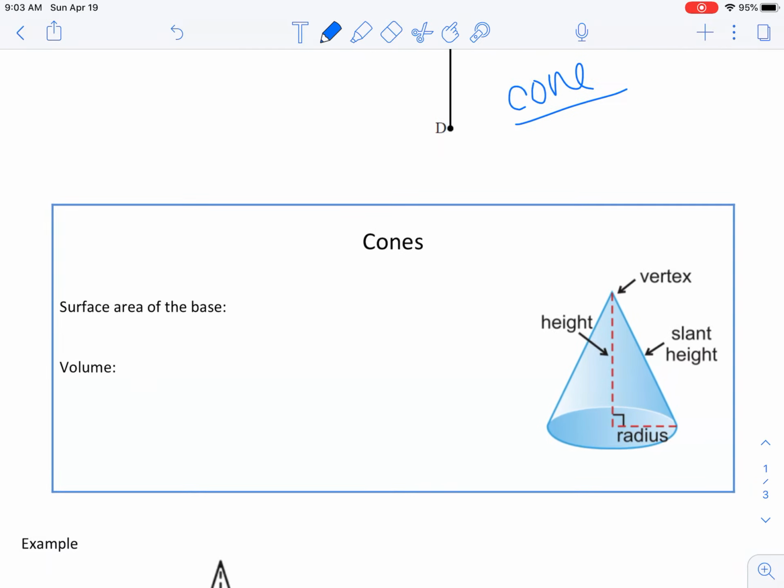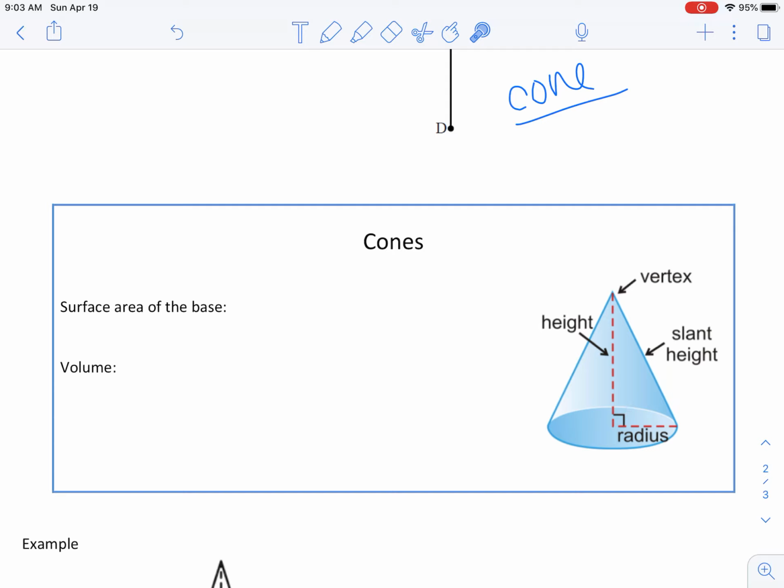Okay? Now, cones. Here's my nice little diagram of a cone down here. Take a look at it. Now, there are some terms that you should be familiar with. Vertex, obviously the top point. We know that there's a radius down here of the base. Now, the height, this is like the altitude, right?